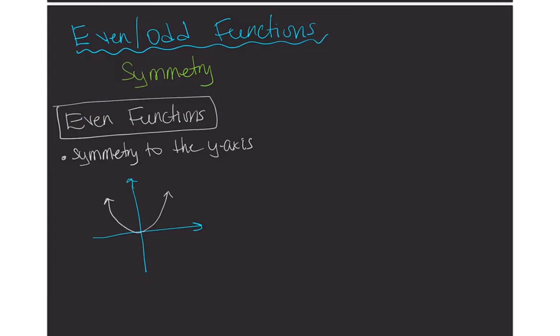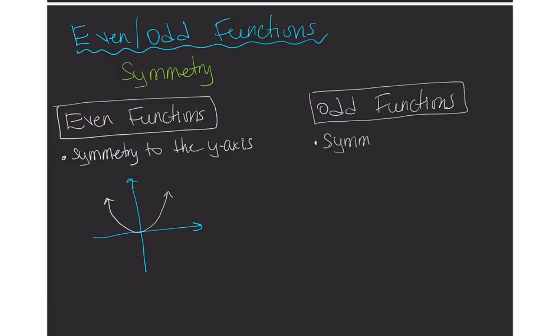And if it's not even, it's going to be either odd, or it could be neither. But when it comes to our odd functions, odd functions are said to have symmetry with respect to the origin. So symmetry, we'll just say to the origin. So if we had our cute little x, y coordinate plane.